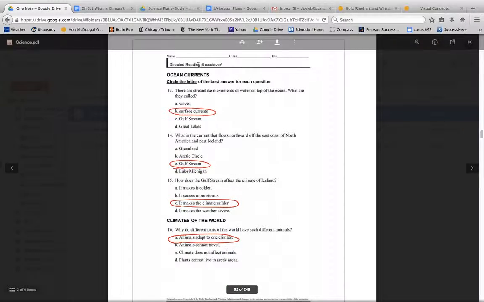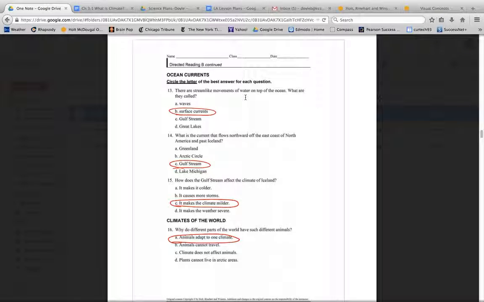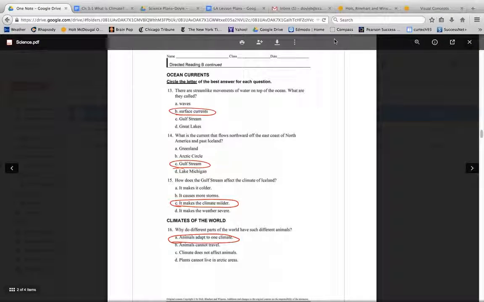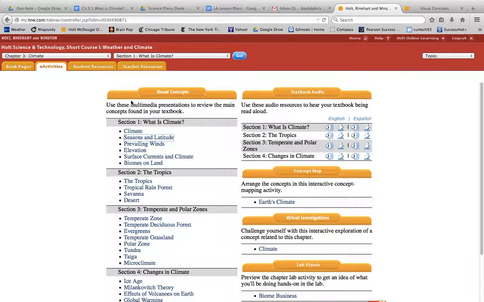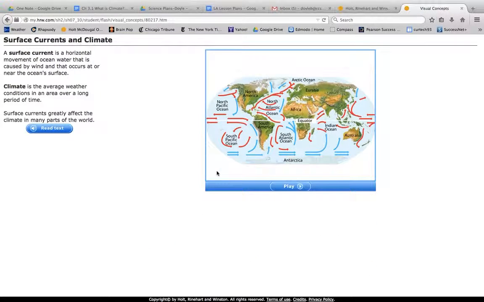Ocean currents are another factor for climate. 13, there are stream-like movements of water on top of the ocean. What are they called? Surface currents. Let's see if I can find a picture of surface currents. All right, so here are some of the common surface currents. Within the Atlantic Ocean here, there are currents, almost like a river of water flowing in different directions.